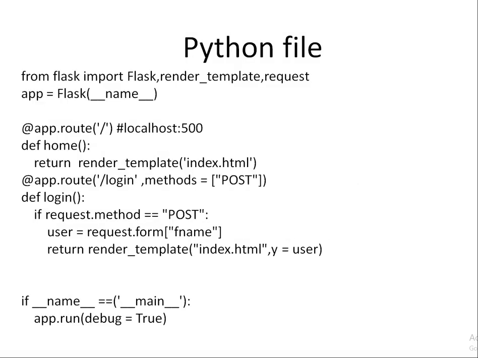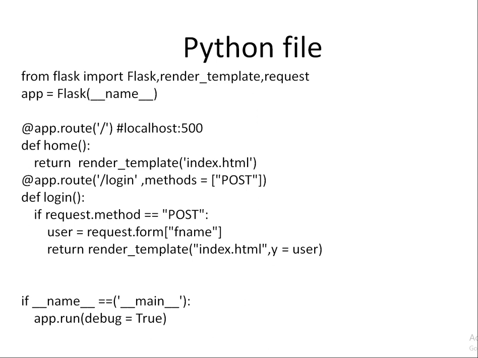So this is the simple Python file which you are going to communicate with your HTML file. If you are familiar with the first video, and if you have generated your web server by executing your Python file, then this will be easy for you. So here I am importing Flask as well as render_template.